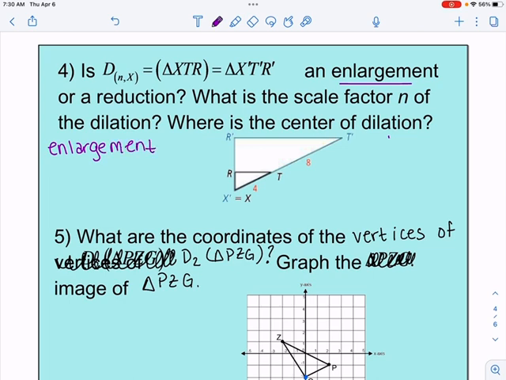Okay, so that takes care of that first question. And then the second question is, what is the scale factor? So again, the scale factor, this is that image over pre-image. Okay, so we need the length of one side of the image over the length of the corresponding side of your pre-image. Again, the image is your primes.